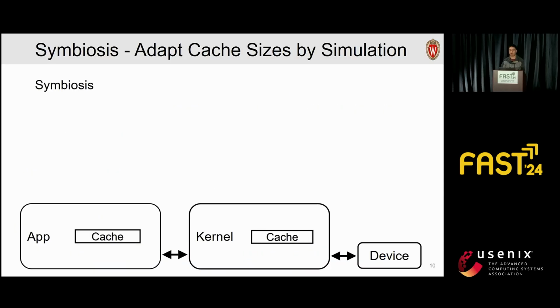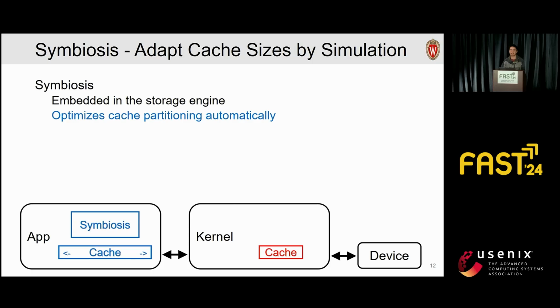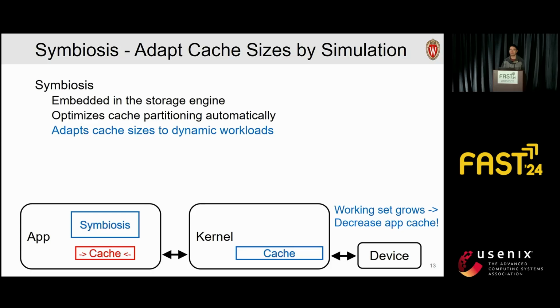In this work, we built Symbiosis to solve the cache partitioning problem. Symbiosis is a framework for key-value storage systems that configures cache sizes to improve performance. It embeds a module in the application that automatically optimizes cache sizing by online simulation. Further, to deal with dynamic workloads, Symbiosis detects workload change and adapts cache sizes accordingly.